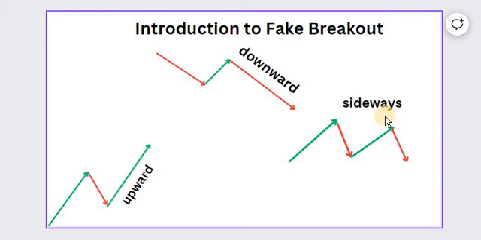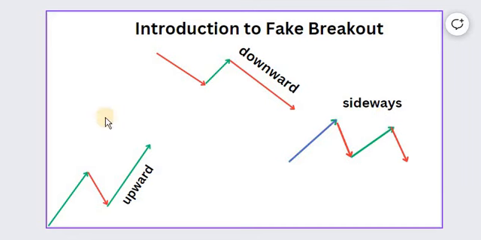If we let an uptrend run its course and we are trying to take advantage of that uptrend, maybe after some time, we'll find out that we are getting in that uptrend when we are supposed to be taking profits from it. And this has a tremendous implication on our ability to anticipate possible market moves. And one of these market moves that we can anticipate is fake breakout. This is why I want to talk about fake breakouts.